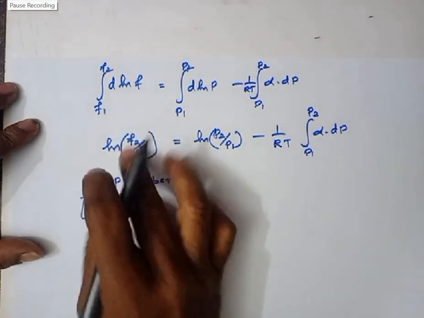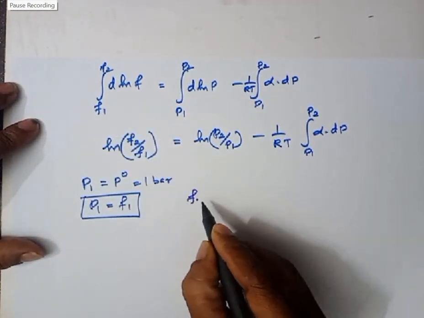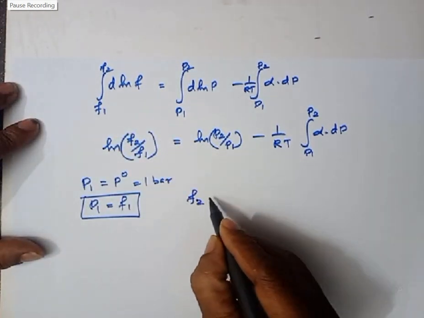So you can write this, and I'm also going to write F2 simply as F, and P2 simply as P hereafter, because P1 becomes 1 bar and F1 also becomes 1 bar.